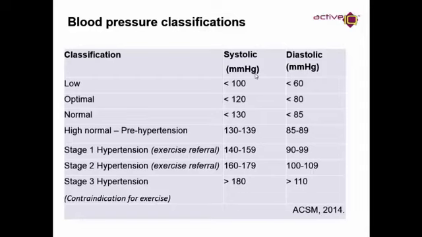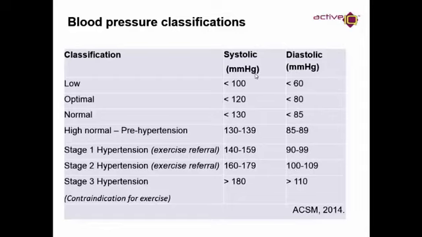We then have stage 1 hypertension and stage 2 hypertension and stage 3 hypertension. Alright, so hyper, as we all probably know, means high, higher than normal. And these readings here are classed as high. And you can see next to stage 1 and stage 2 it says exercise referral. So people that fall into these brackets, the 140 to 159, the 160 to 179 on the systolic, they're going to be people who have been referred by their doctor to do exercise because their blood pressure is too high.